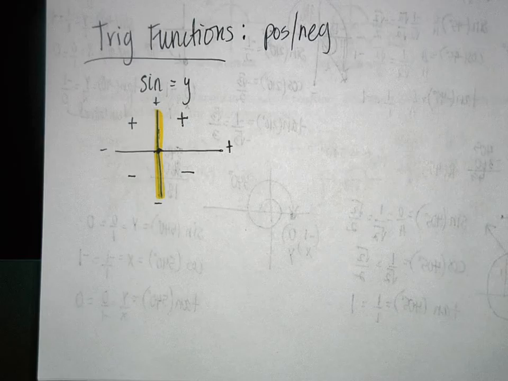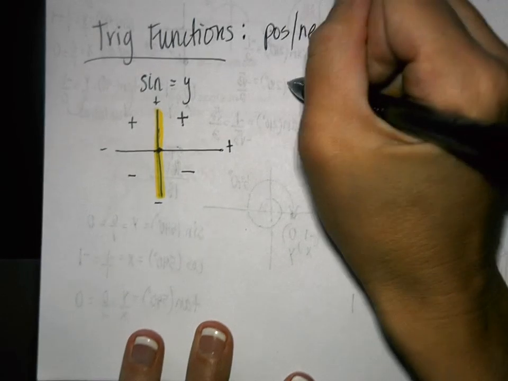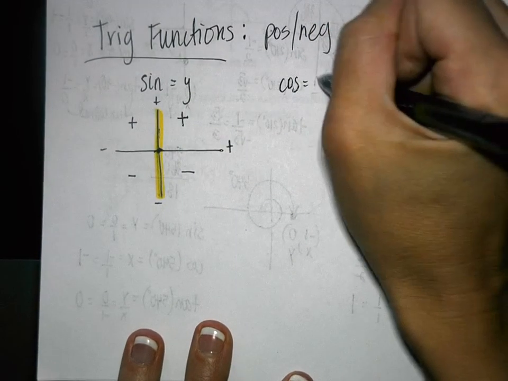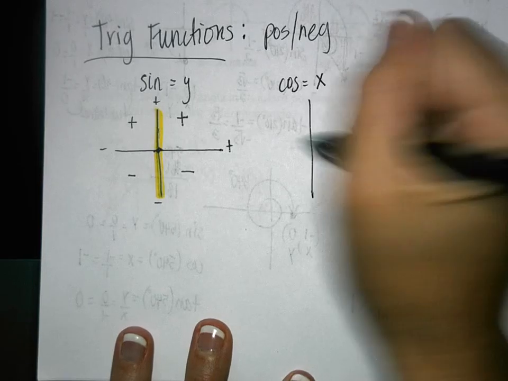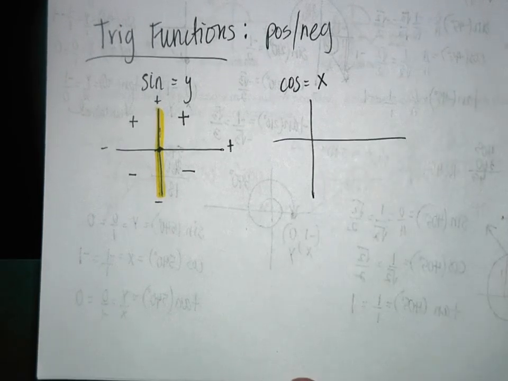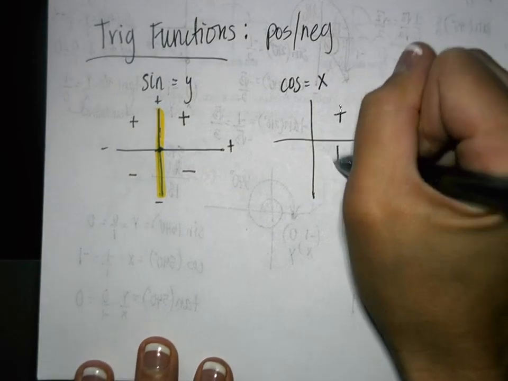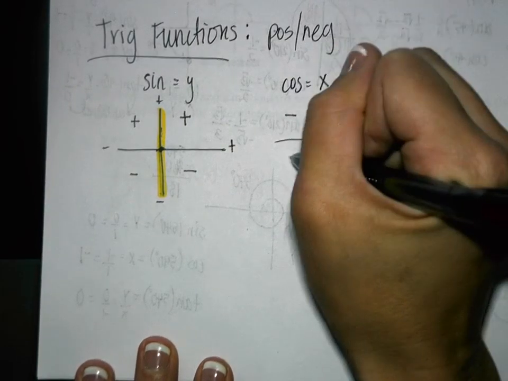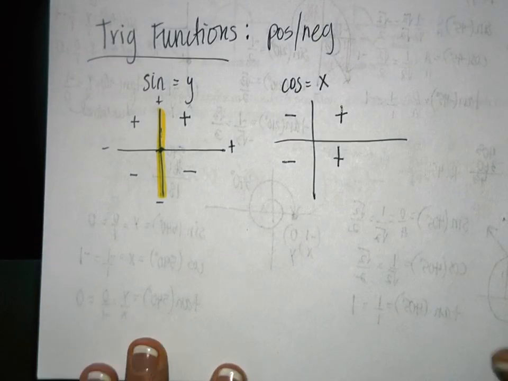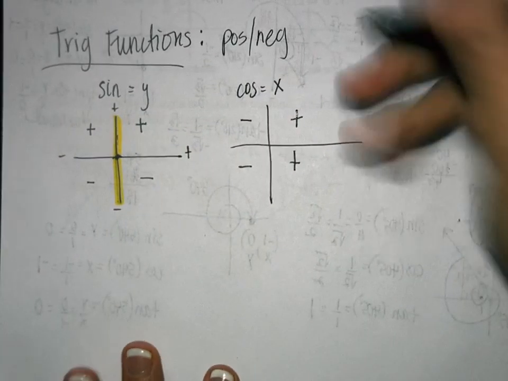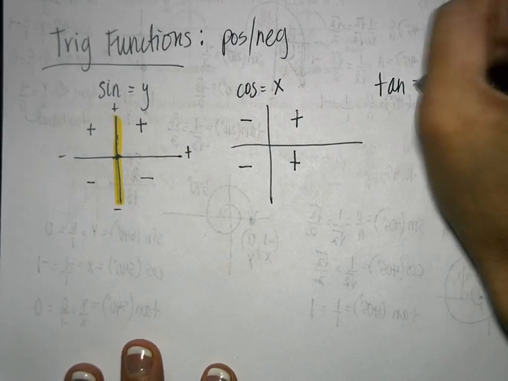Cosine is dealing with our x values. So on a coordinate plane, where is x positive? Good. In quadrants 1 and 4 it's positive, and in 2 and 3 it is negative. Now, tangent is dealing with y over x.